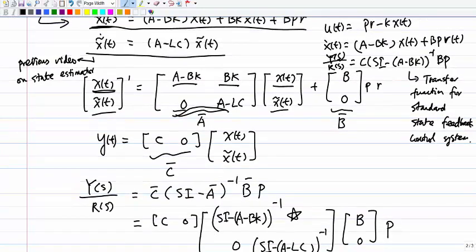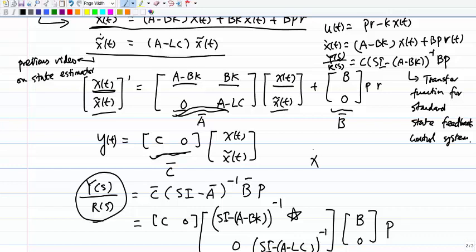Now I can also calculate Y s over the reference, the transfer function. This is my new C bar times (s I minus A bar) inverse, where A bar is this big augmented matrix, times B bar times p. That's my transfer function.